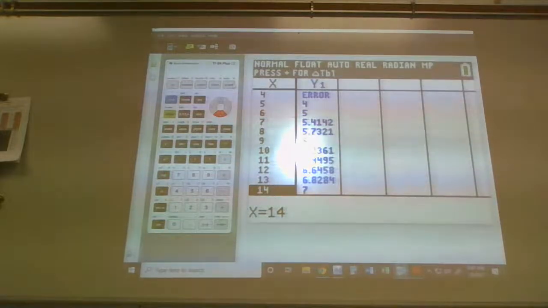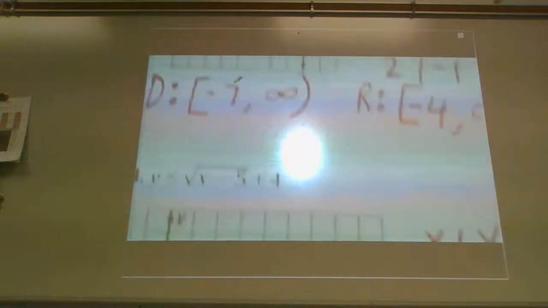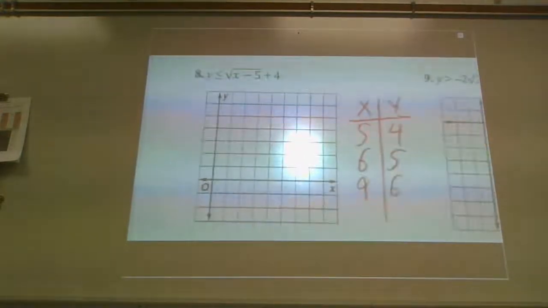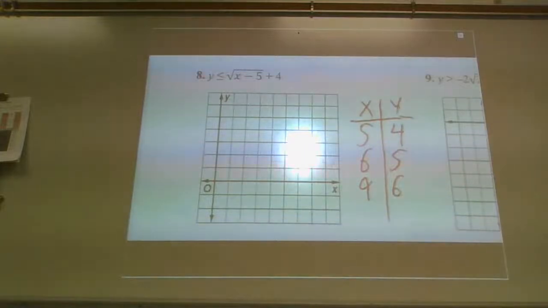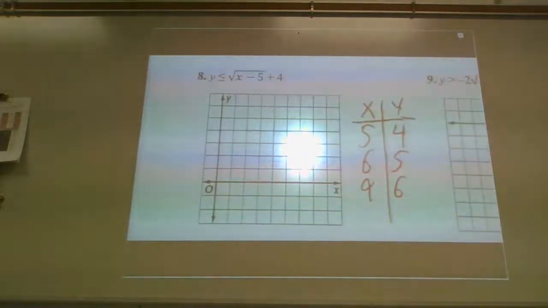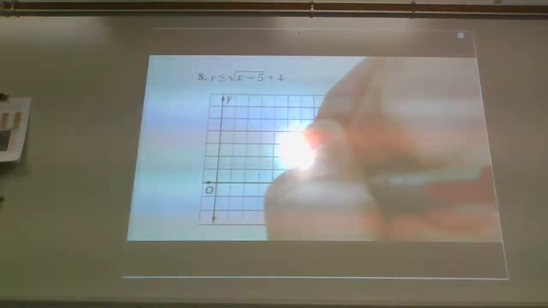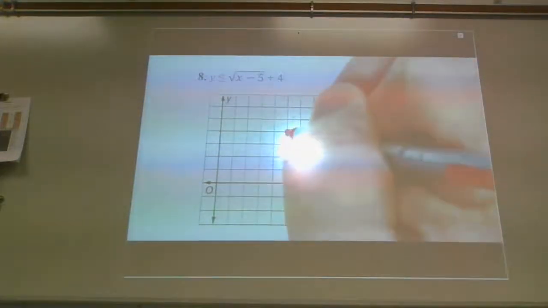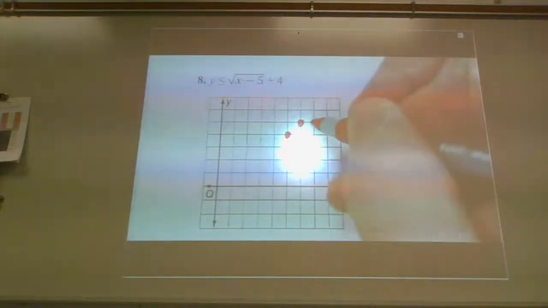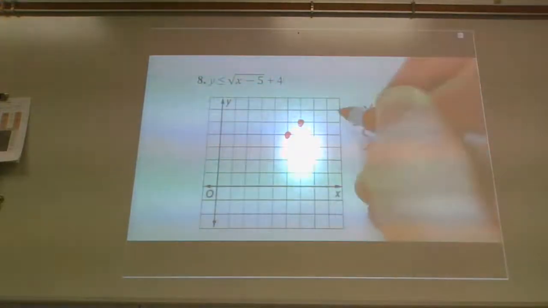That's sufficient. I'm not going to write out 14, 7. Writing out 14, 7 would kind of be overkill at this point. Let me plot those. 5, 4, 6, 5, 9, 6.